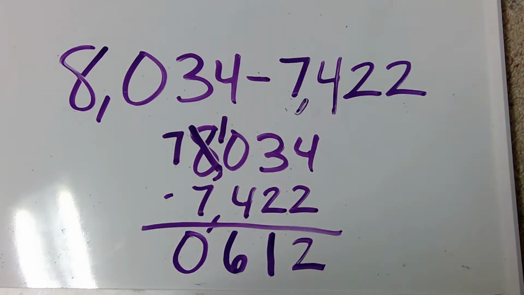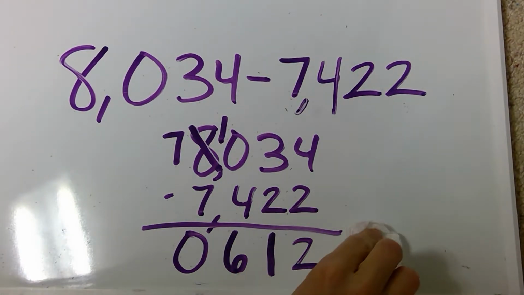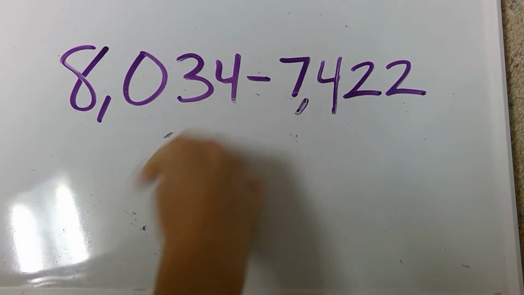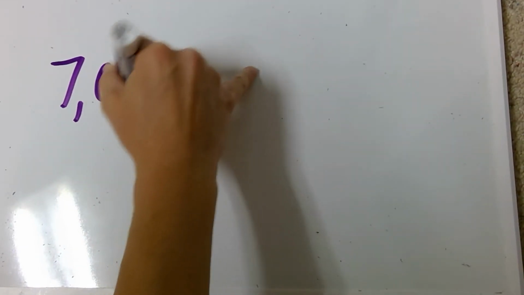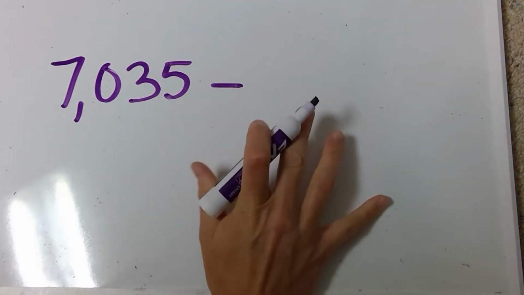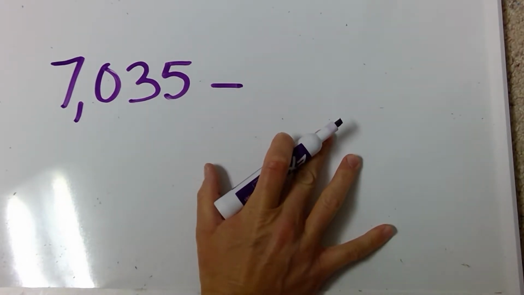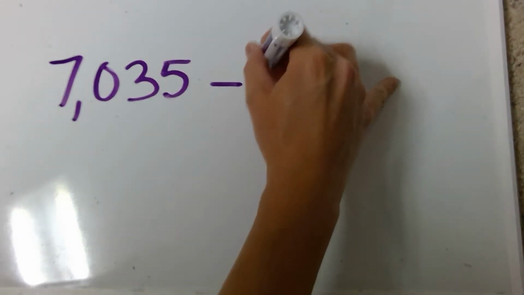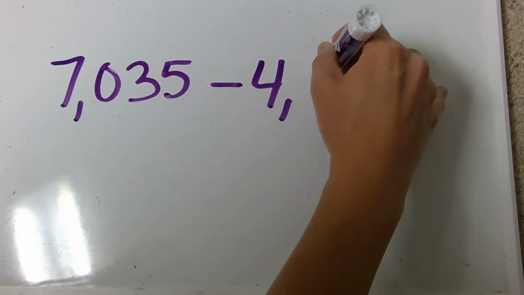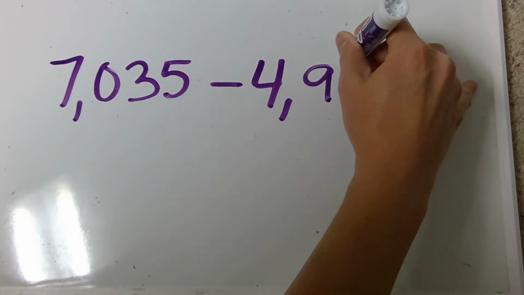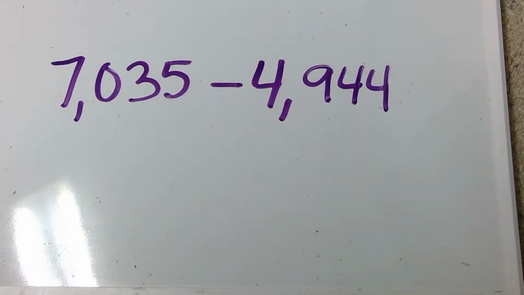Now let's look at a problem where we have to borrow, but for something other than a 0. We're going to borrow for a 0 and another number. All right. 7,035 subtract 4,944.